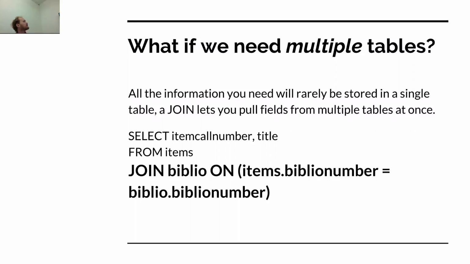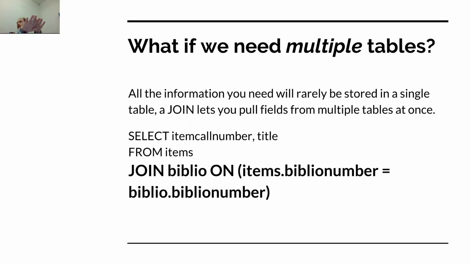But what you can do is you still have your from line. It still only has one database table, from items. But then what you do is a join statement. So what you do is join biblio on items.biblionumber equals biblio.biblionumber. Exactly what's happening there is I'm joining to another database table, so join database table, on, and then I have to say that there's a connection between these two.